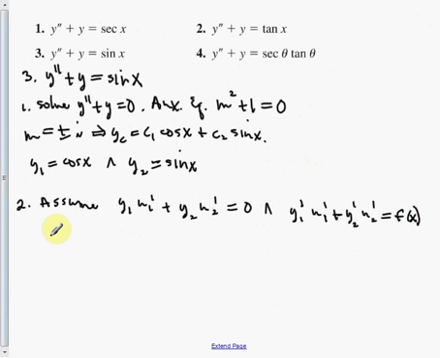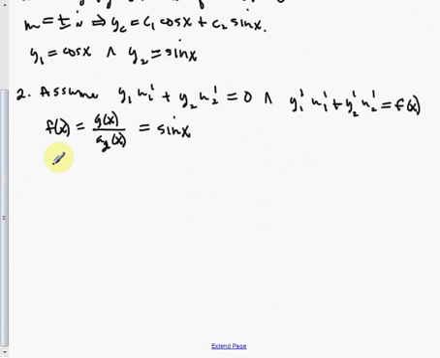Now you make sure that your f of x is your g of x divided by that a sub 2 of x. For this problem, a sub 2 is 1, so it's just 1 divided by sine x, so it's still sine x.